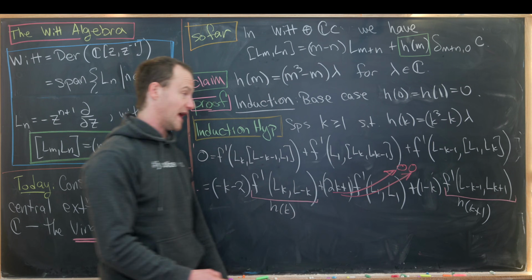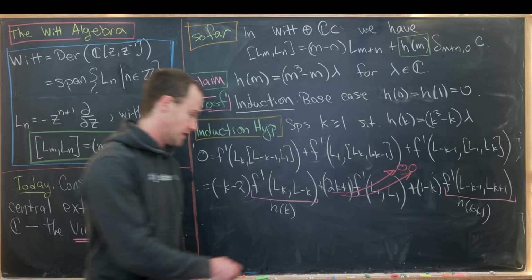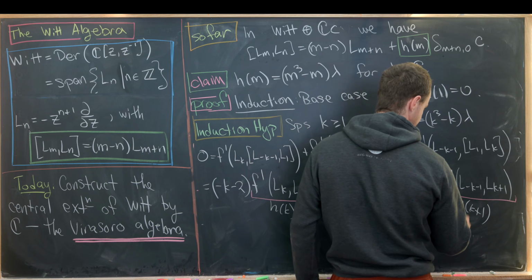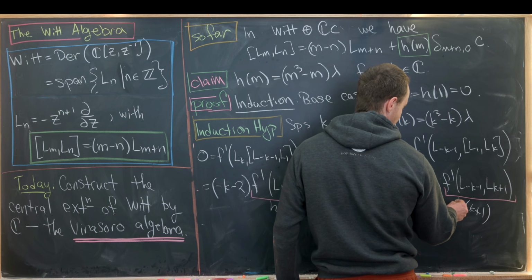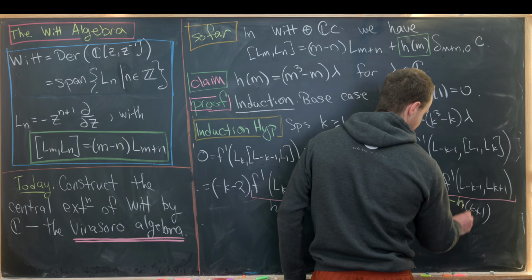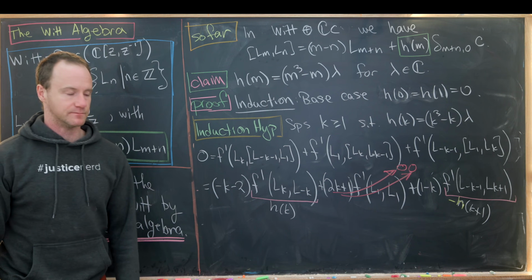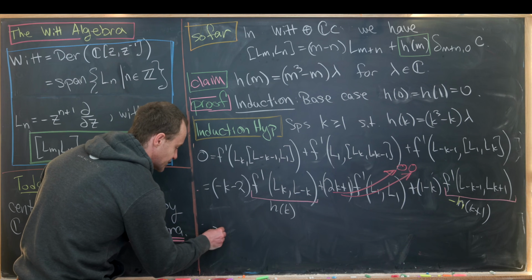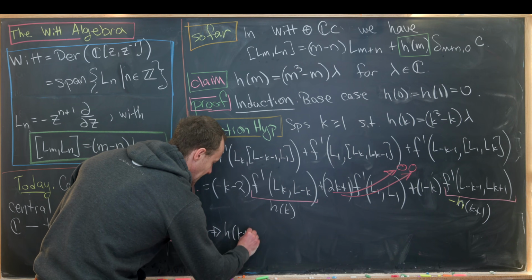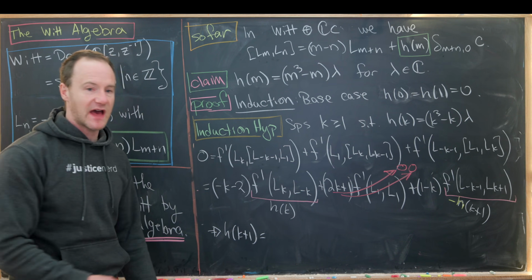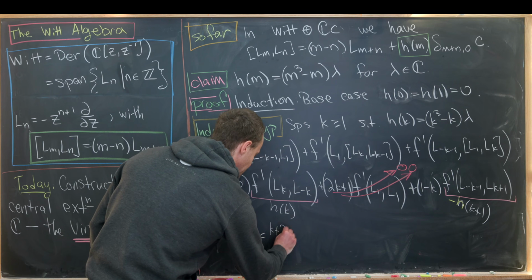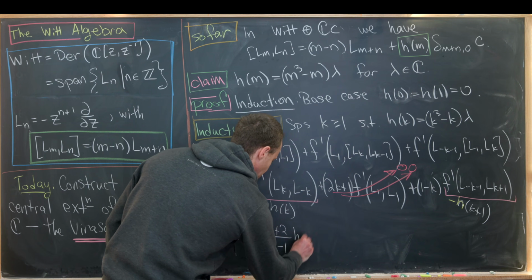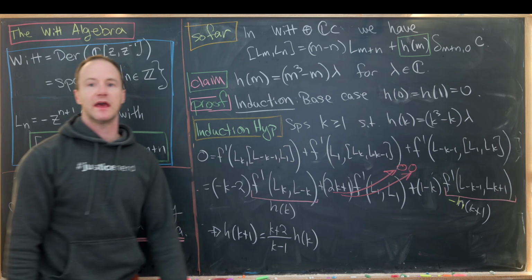Actually, it's not quite h evaluated at k plus 1. What we have to do first is swap these, and that makes it negative h evaluated at k plus 1. But now doing that, we can easily solve, and we'll see that h of k plus 1 is in fact equal to (k plus 2) over (k minus 1) times h of k.